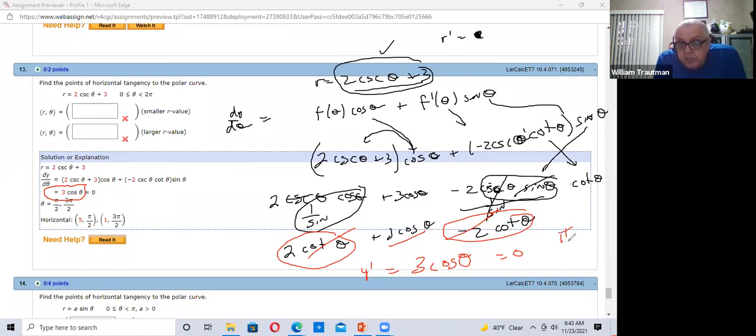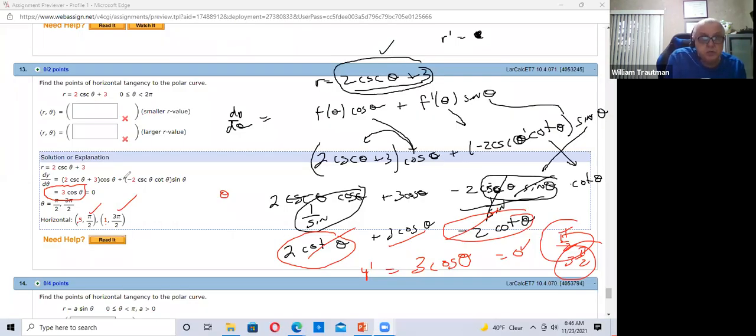So that's where we have the zeros. Now to get the 5 and the 1, we have to.